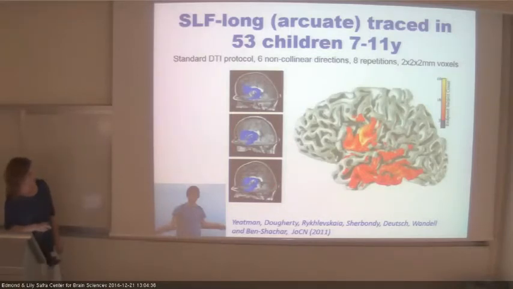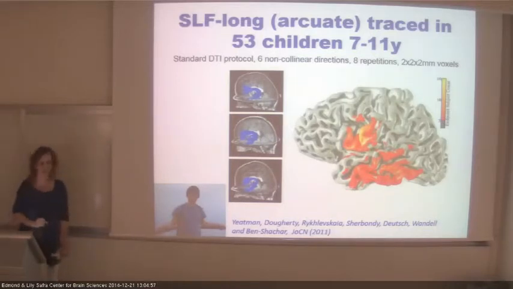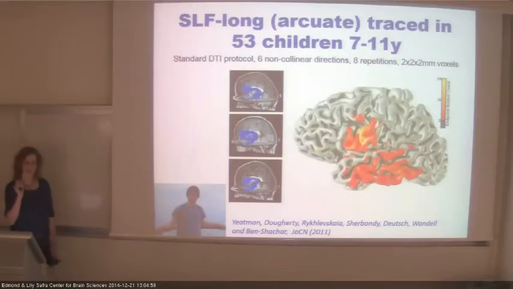And this is just a heat map of where these tracts meet the cortex. I was surprised by your heat map that was so condensed. When you take all 53 kids, it's rather a mess in terms of where they end in the temporal lobe. Was that one for only one subject? Okay. So for one subject, it looks very focused.